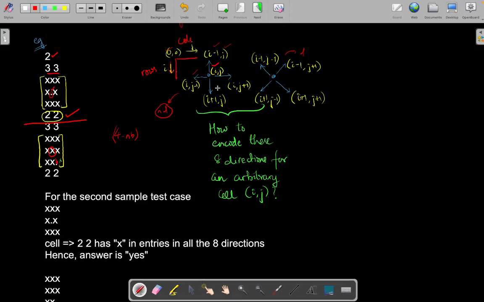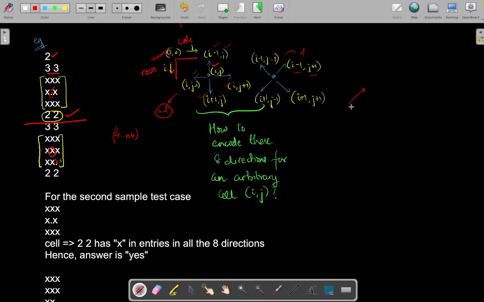Similar arguments you can follow for each of them, and you can quickly figure out the neighboring cells in this manner. And for diagonal elements, both the coordinates are always either incremented or decremented by one. We need to visualize this diagram in order to answer this.